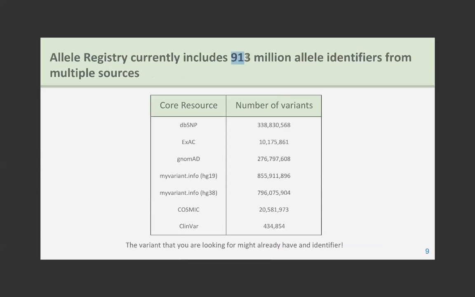So we currently have in the Allele Registry 913 million allele identifiers from multiple sources. It is very highly likely that the variant you are looking for is already registered in the ClinGen Allele Registry. All you have to do is search that variant and get the identifier to use in VCI, GCI, or any other resource.